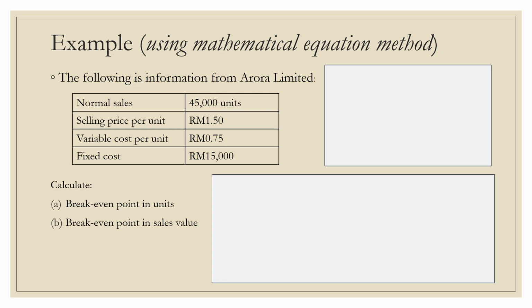Before we calculate, we need to use the equation to find out the profit based on the information given. The sales equal 67,500, whereby you take 45,000 units times 1.50, and you get 67,500.